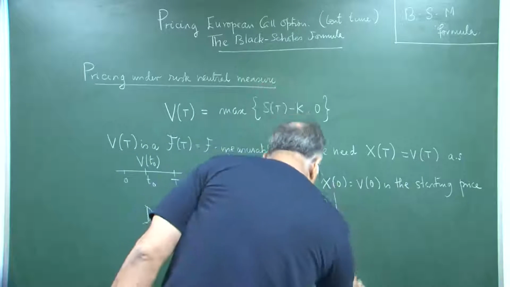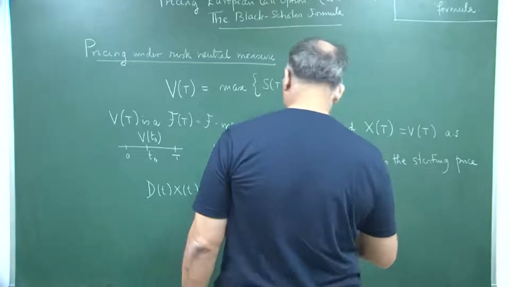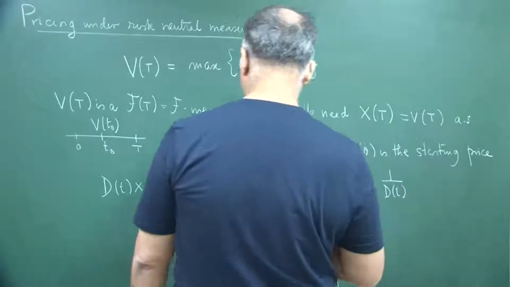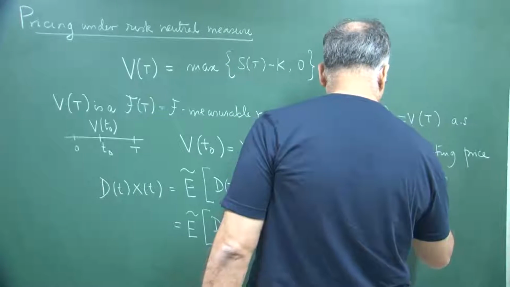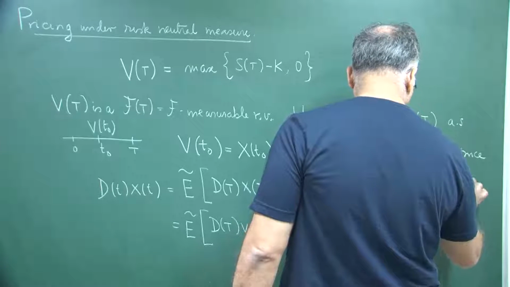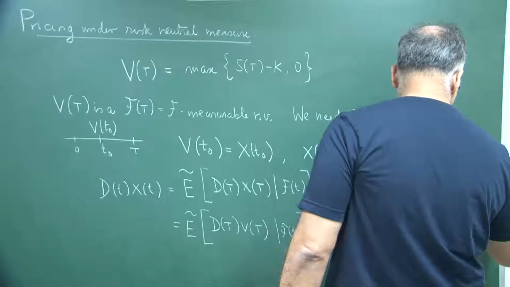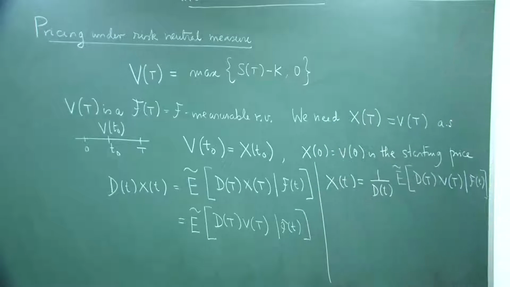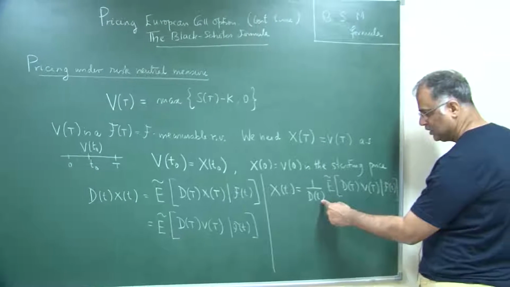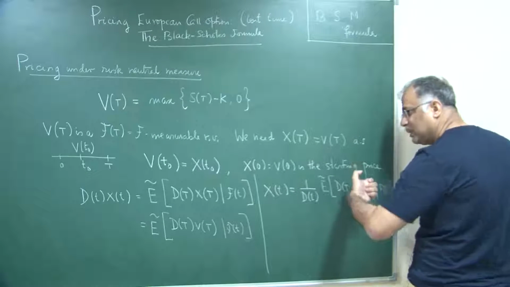Now, I can write this equation as X_t is equal to 1 by D_t times E tilde of D_T V_T given F_t. Now, you understand that at time t everything is known about D_t. So, basically if you can take whatever is known out of the expectation sign, you can bring the thing inside also.